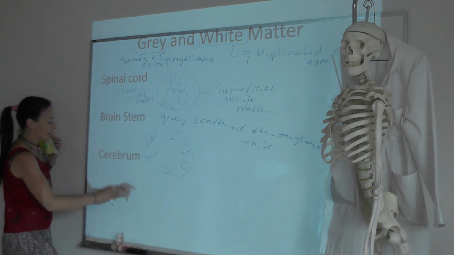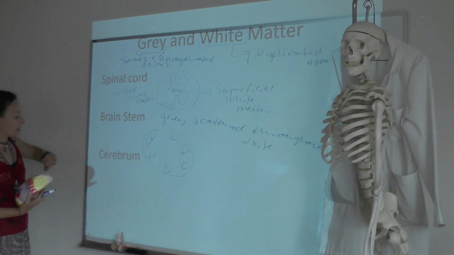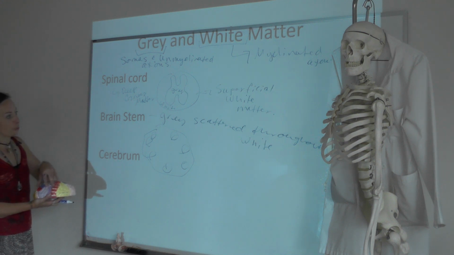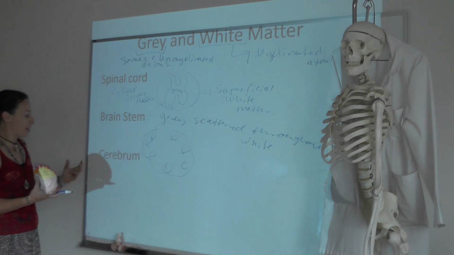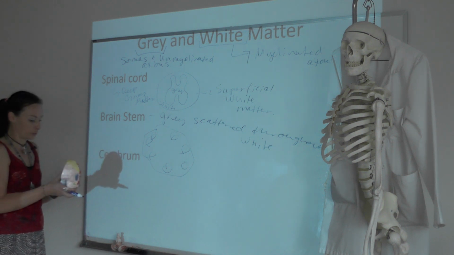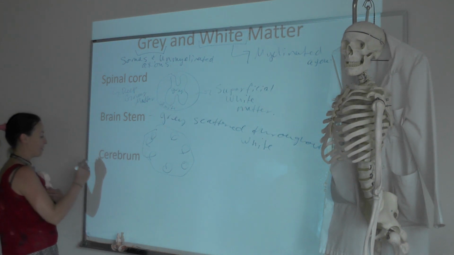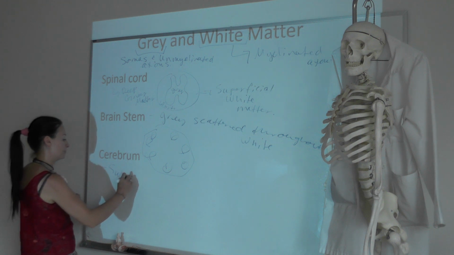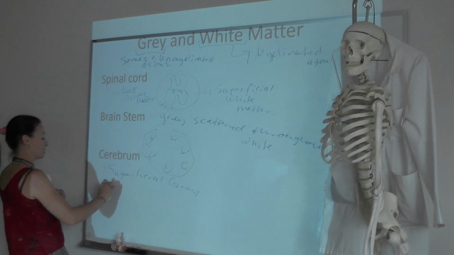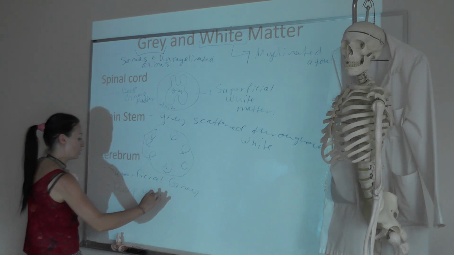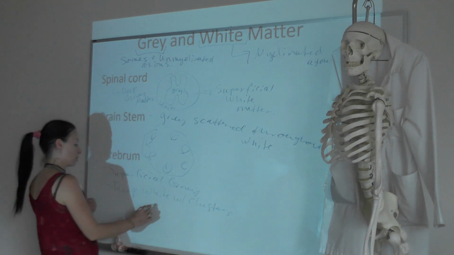And then when we ascend up to the brain, we have a flip where our gray matter is superficial to our deep white matter, and then you have clusters of nuclei, or clusters of gray matter, deep to that. So when we get to the cerebrum, we have superficial gray matter, deep white matter, with clusters of gray matter called nuclei.